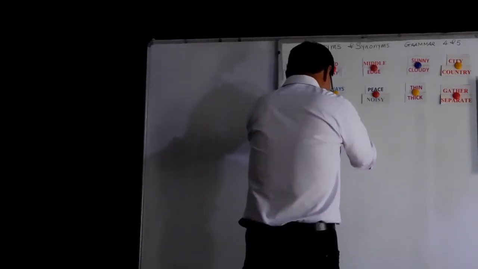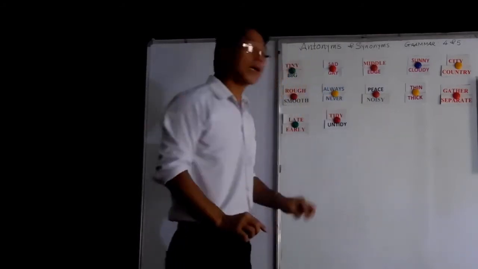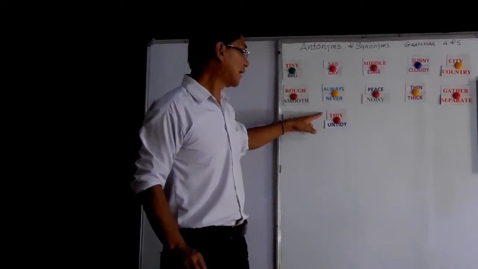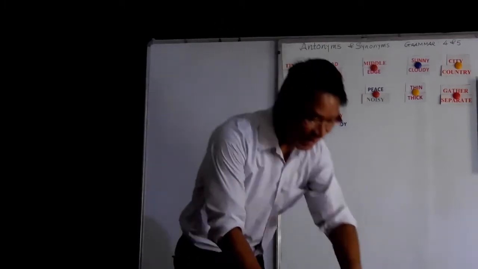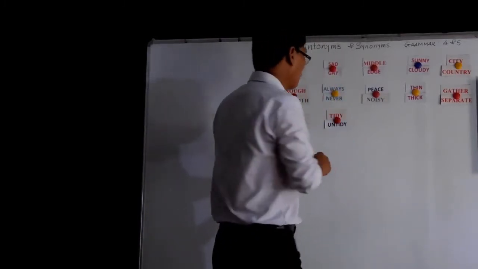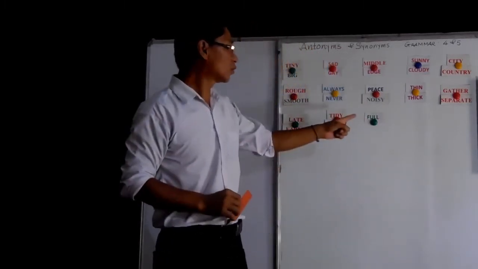Tidy and untidy. This word I always use in English. Now tidy. The girl is very tidy, the boy is very untidy. So tidy and untidy. Next word is, okay, full. Now most of the students guess it. This word is full.